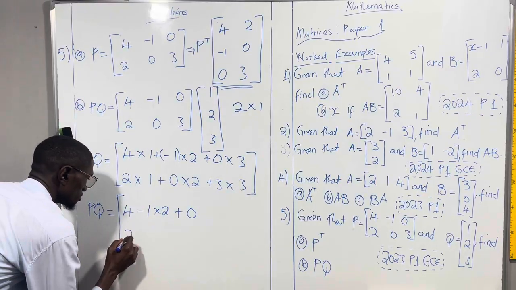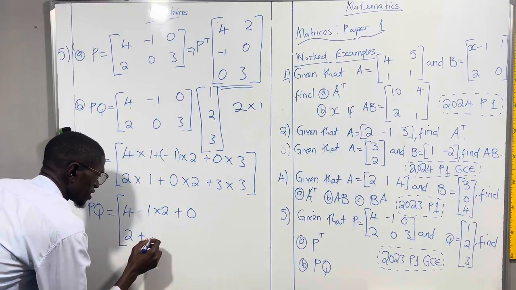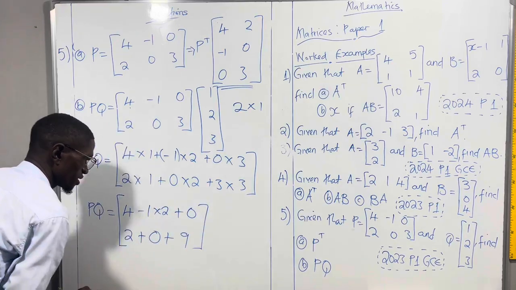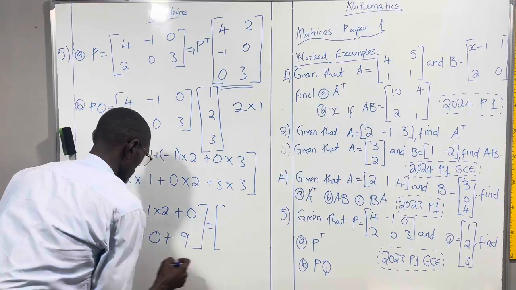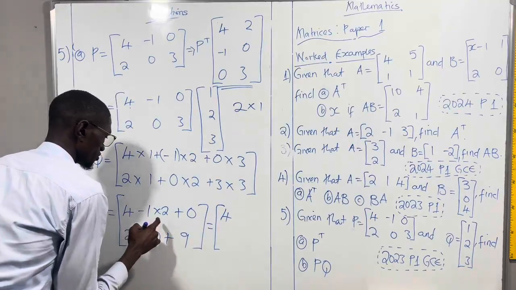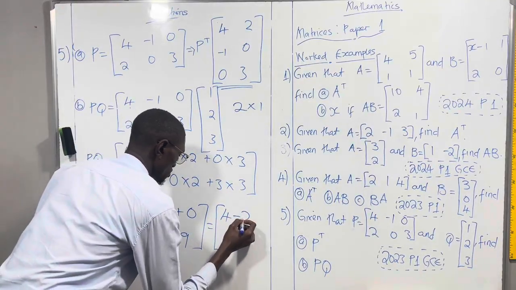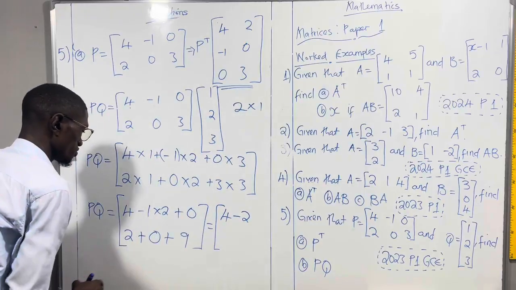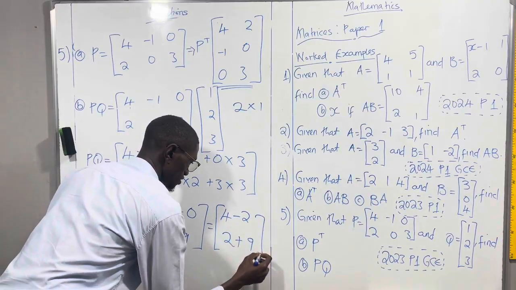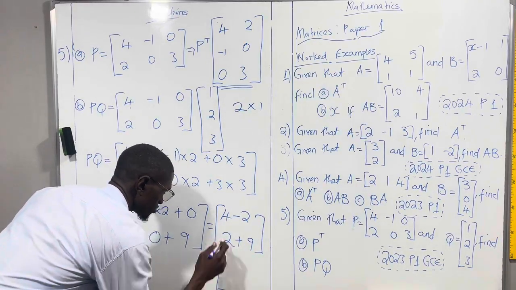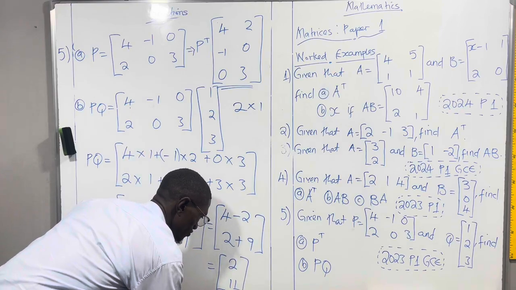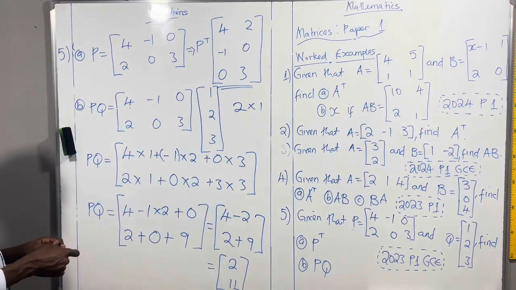Down here, 2 times 1 is 2, plus 0 times 2 is 0, plus 3 times 3 is 9. So 4 minus 2 plus 0 is 2, and 2 plus 9 is 11. That will be our final answer, and we are done.